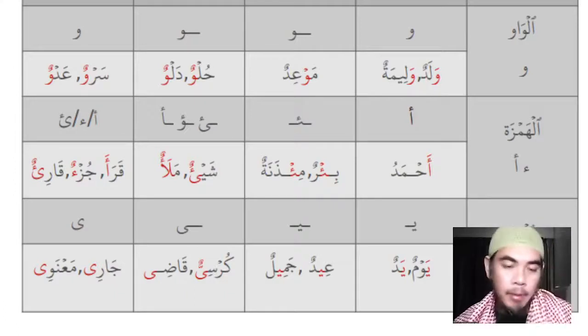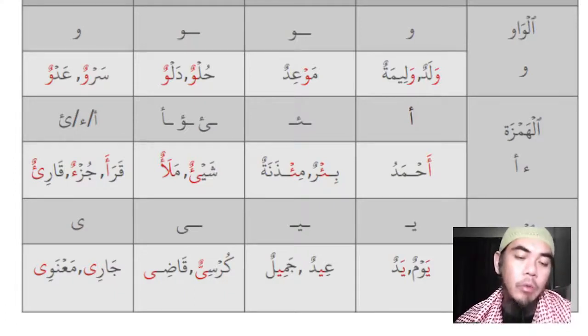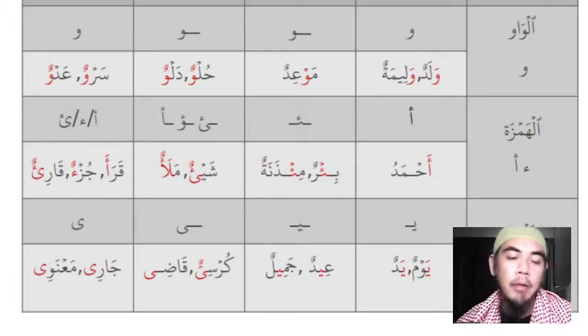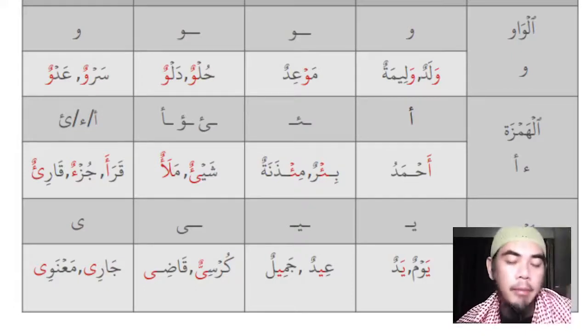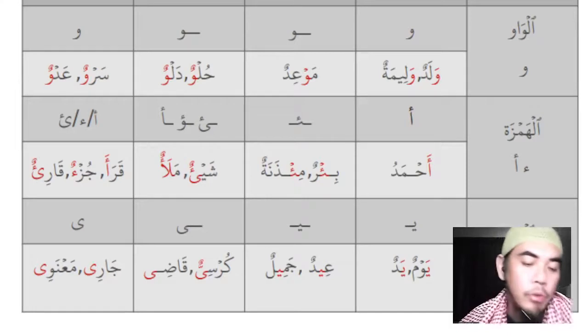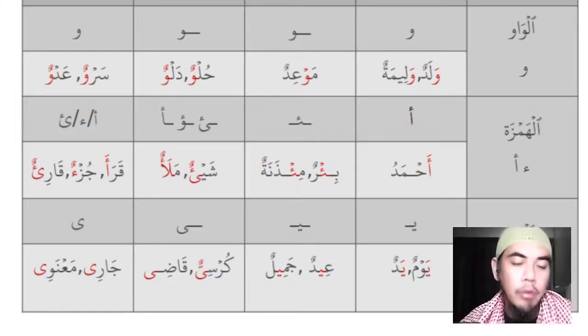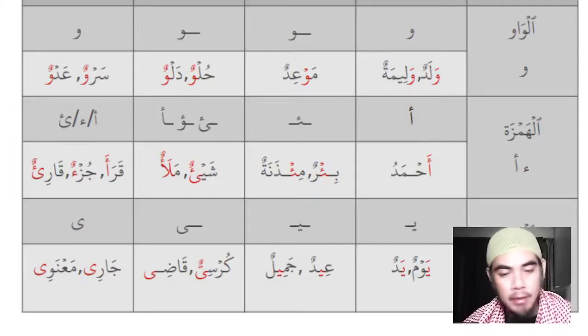Mi'zanatun, okay, and then syai'un for the end, and mala'un can appear on alif or ya at the end, but still the sound is hamzah. And then if it's at the end without joining, you can see qara'a, juz'un, qari'un, same. Okay, just focus on the shape of hamzah.